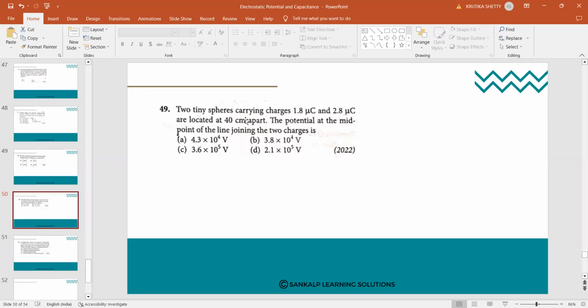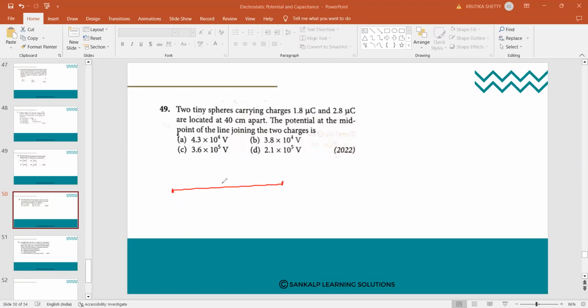Two tiny spheres carrying charges 1.8 microcoulomb and 2.8 microcoulomb are located 40 centimeter apart. The potential at the midpoint of the line joining the two charges is. Consider one charge here and one charge here.